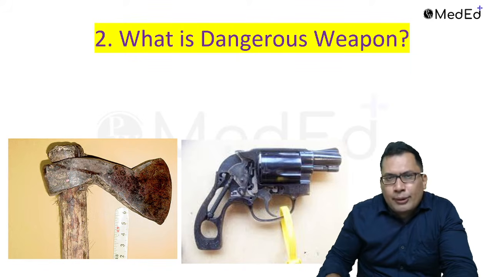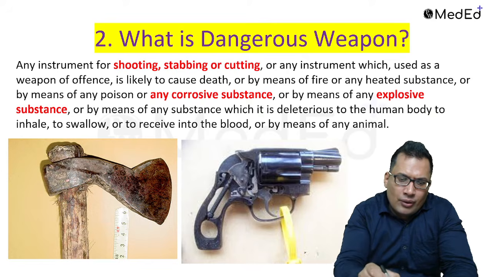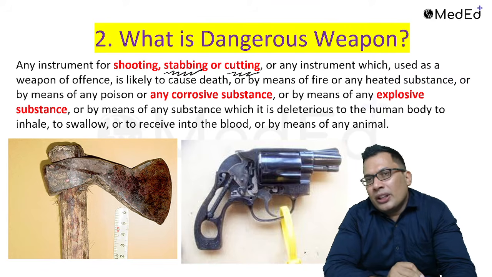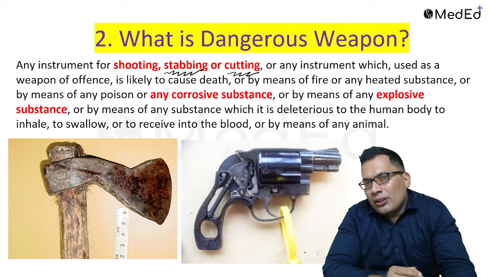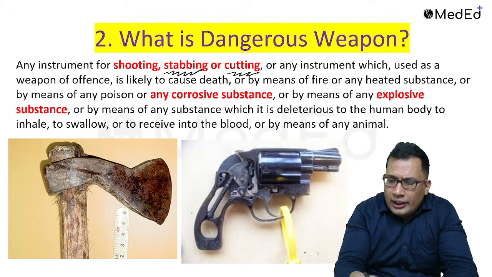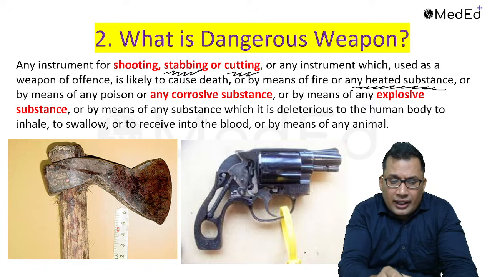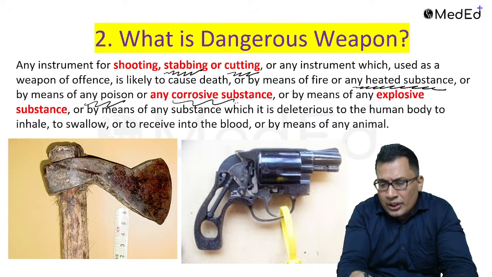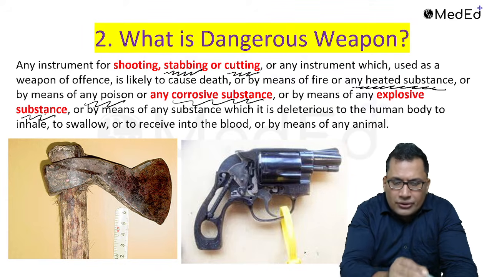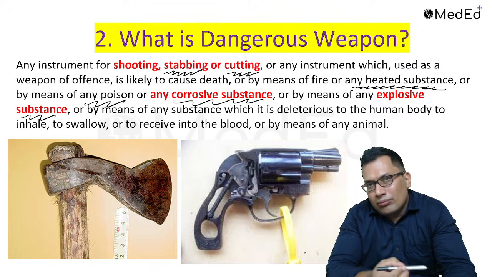A dangerous weapon can be any weapon which is used for shooting, for example a firearm, or for stab injury, for example a knife, or any weapon which is used in cutting, for example a knife, chopper, or axe, or any heated substance that can lead to burn injuries, or any poison or corrosive substance, for example acids or alkali, or any explosive substance, or any poison, for example snake venom also.